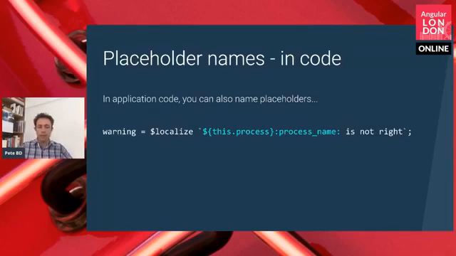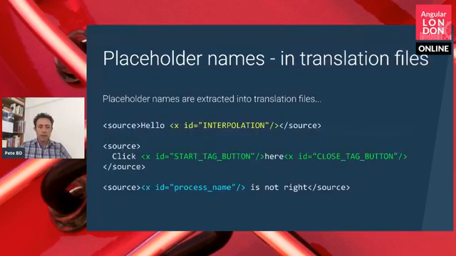This is just living inside your application code. But what it does provide is nice things like when you extract these messages into translation files, it uses these names in, for instance, this XLIFF output. And so this helps the translator understand the context of what is being displayed and what they need to translate.